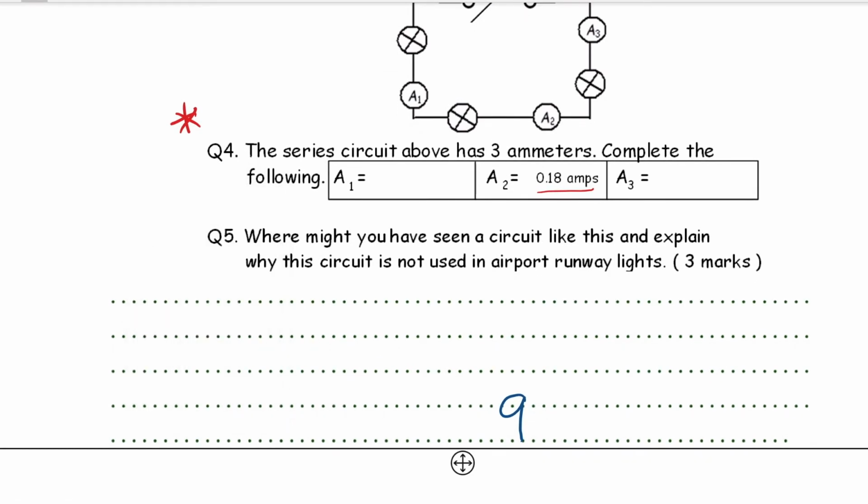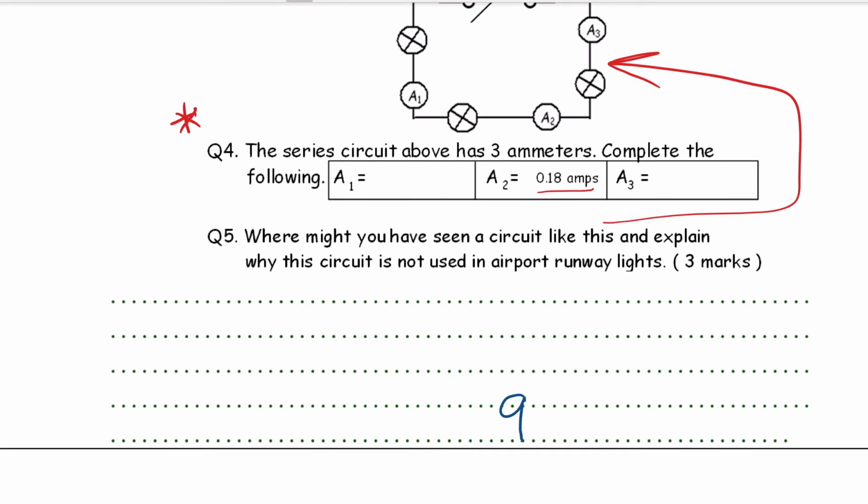It says, or asks, where might you have seen a circuit like this, and explain why this circuit is not used in airport runway lights. When it's asking where you've seen a circuit like this, it's referring to this circuit, a series circuit.